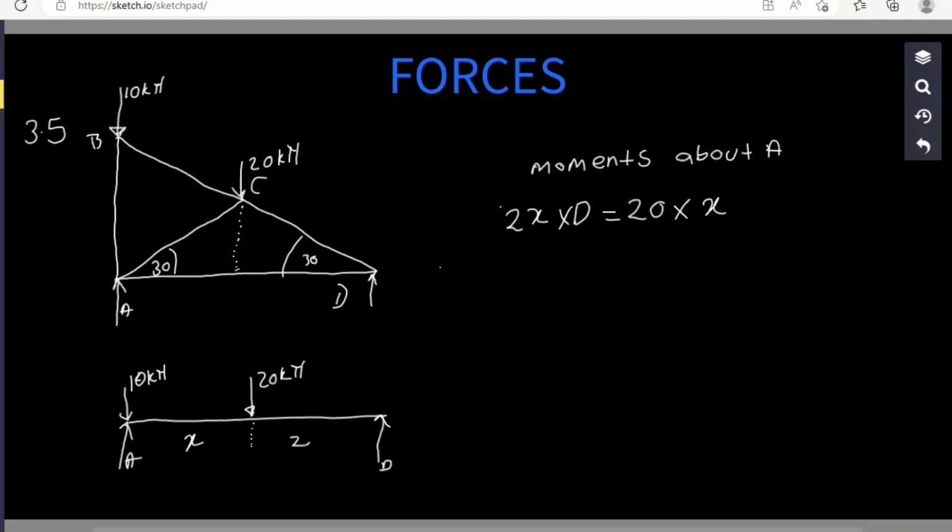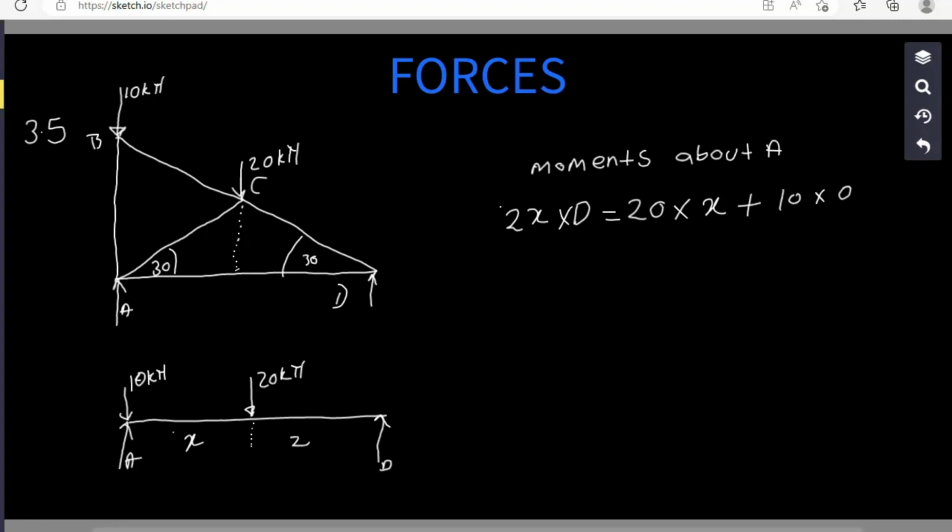I'm not going to include this force of 10 because it will be 10 going down. We're going to have plus 10 times 0. We know any number times 0 is 0, so there is no point in us including it here.